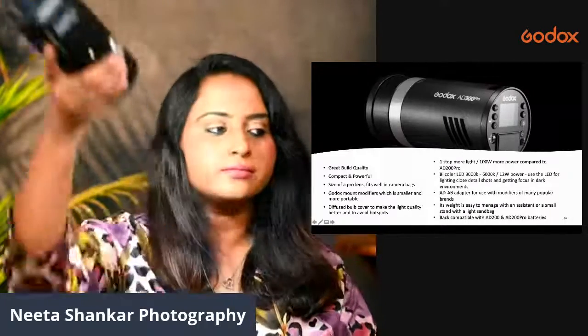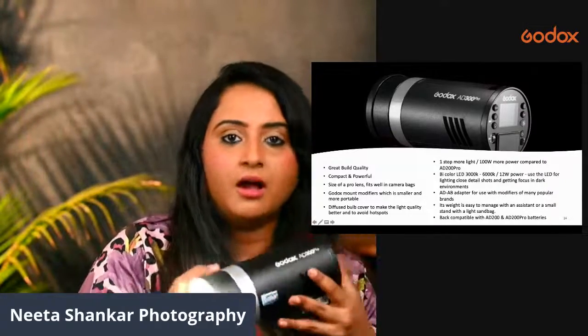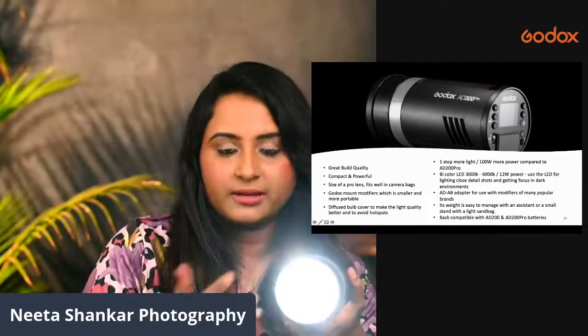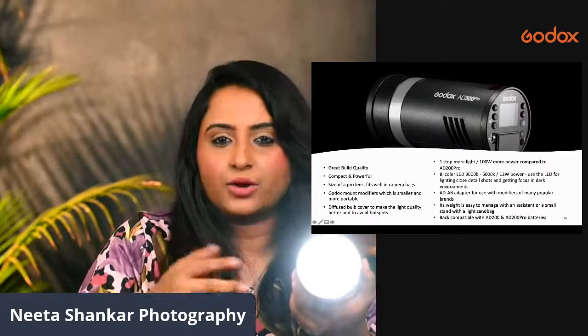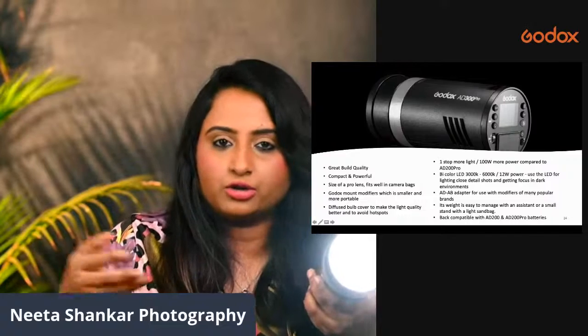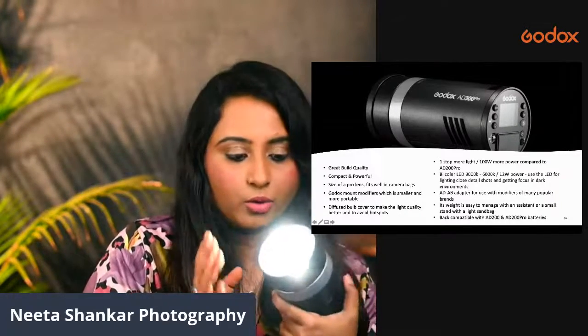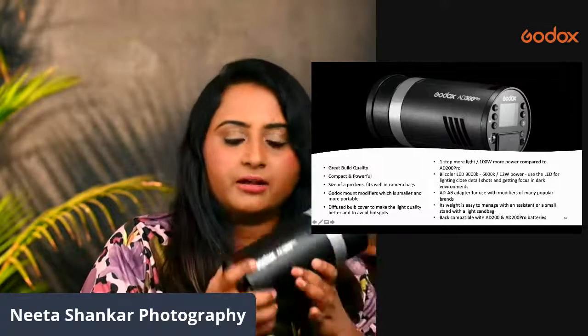You can use it on people, you can use it while you're shooting details. Sometimes you may want to see the light, say if you're shooting rings or the bridal outfit or jewelry, and you want a quick, good quality LED light source, then you have it right here.